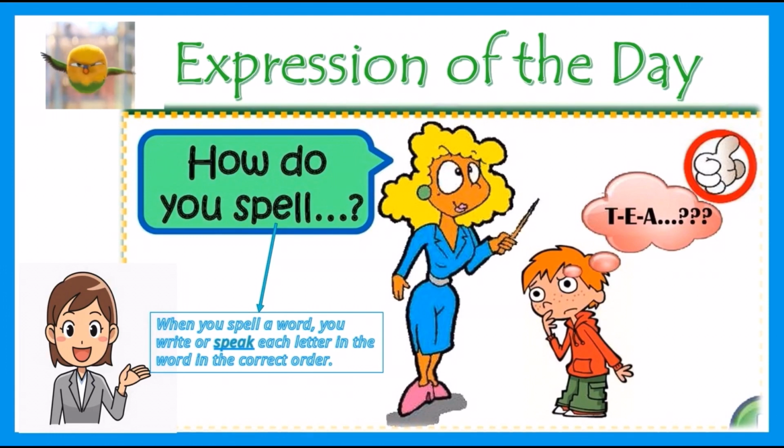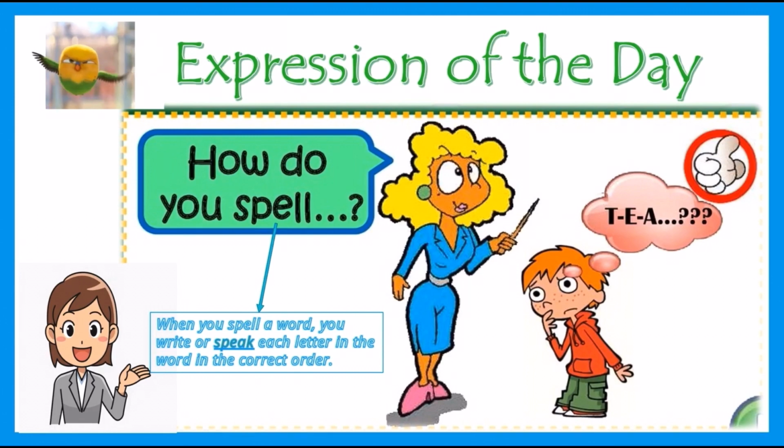So for example, the teacher would say, how do you spell the word teacher? The students must speak or write each letter in the word. T-E-A-C-H-E-R. So that's what we call spell.